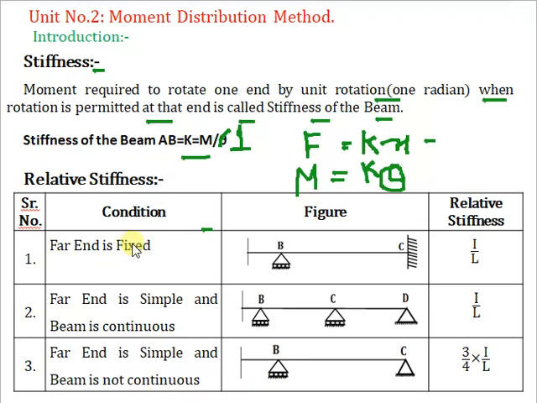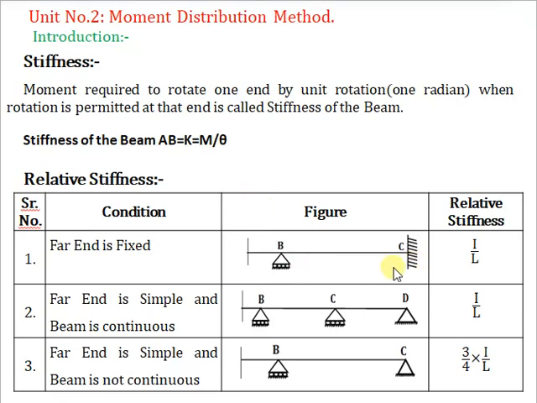Now for the first condition, the far end is fixed. Here C is the far end which is fixed.